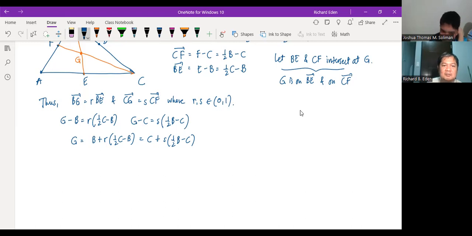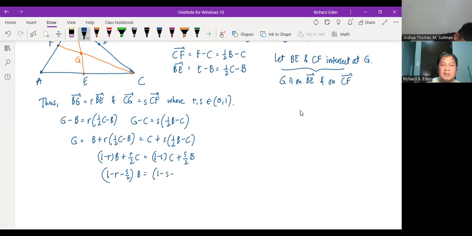We have B times 1 minus R. So (1 minus R) B plus R over 2 of C equals, here on the other side, (1 minus S) C plus S over 2 B. And we can move things around. (1 minus R minus S over 2) B equals (1 minus S minus R over 2) C. All right.